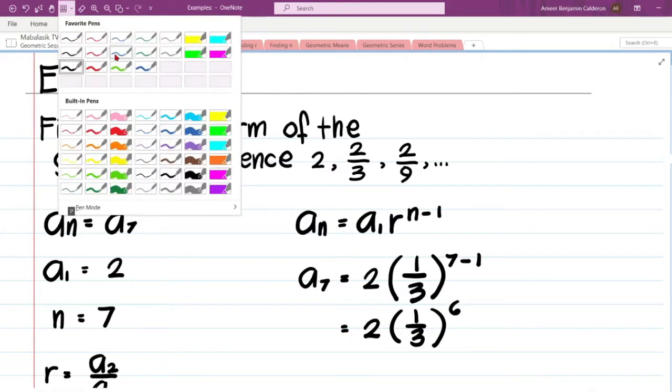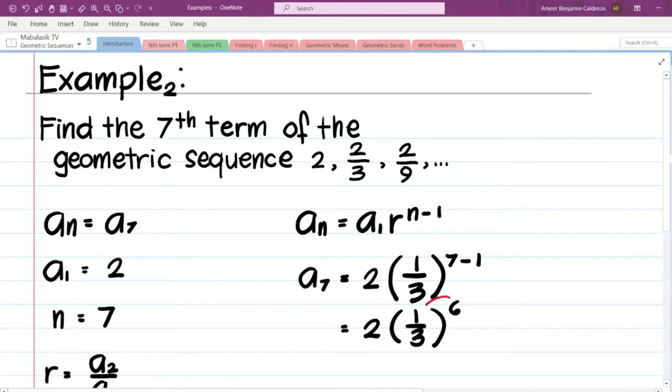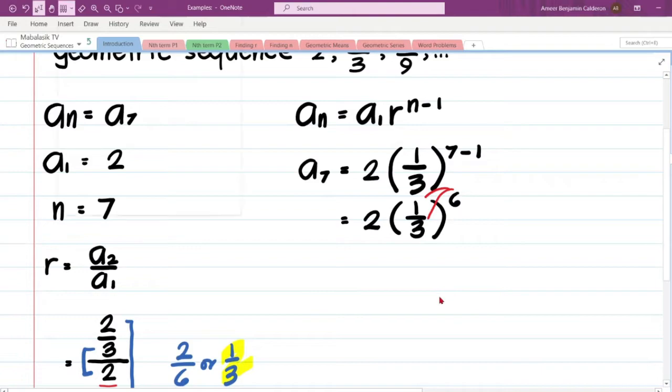Now what we want to do is to distribute the exponent 6 to the numbers inside the parenthesis, or the numerator and denominator of the fraction inside. So 1 to the 6th power is still 1, and then we just simply solve for 3 to the 6th.